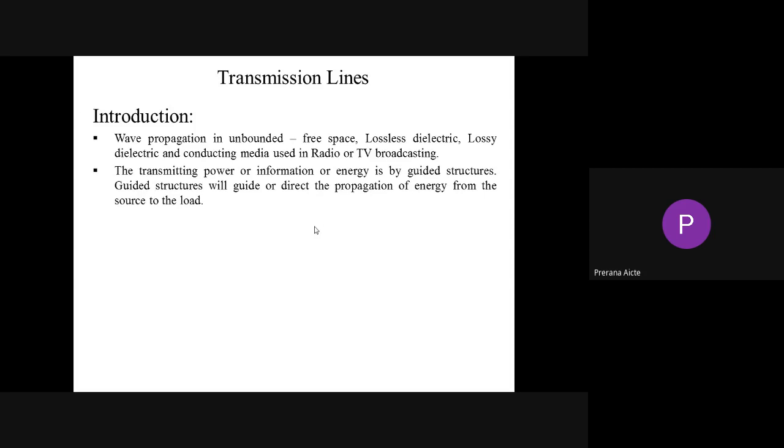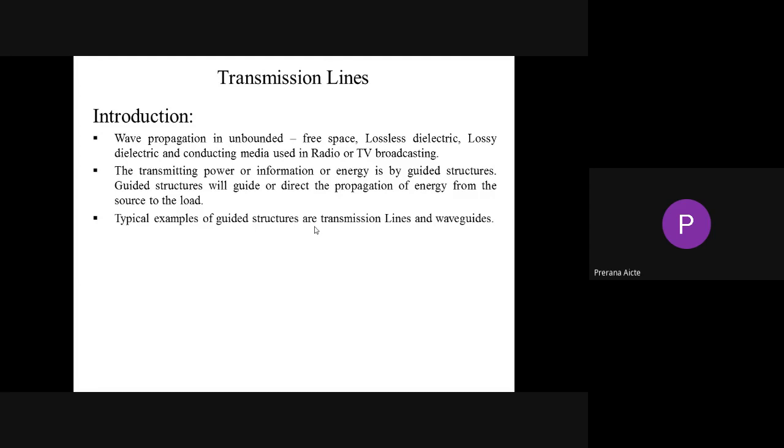While we transmit energy, power or information through guided structures, guided means the connecting wires, from one place to another place, that is from source to destination. That is the transmission line. Typical examples of guided structures are transmission lines and waveguides.